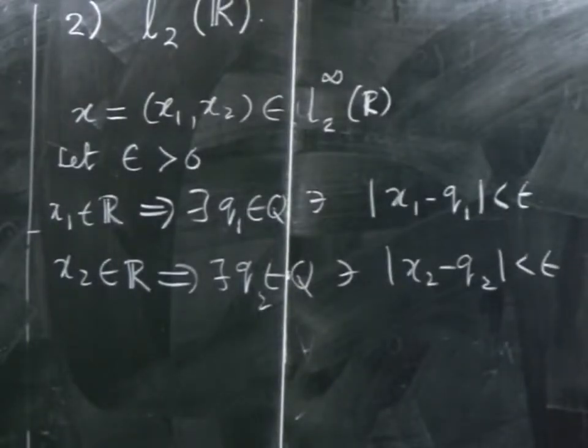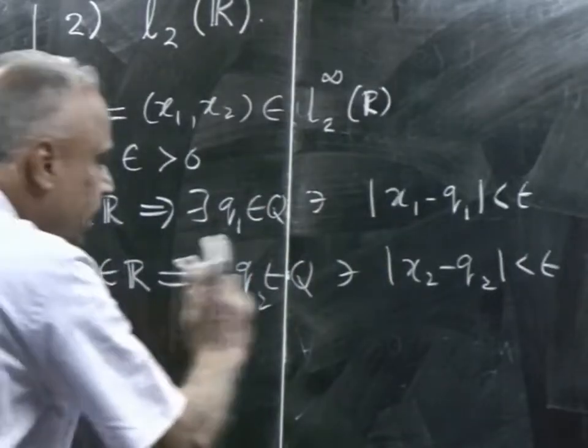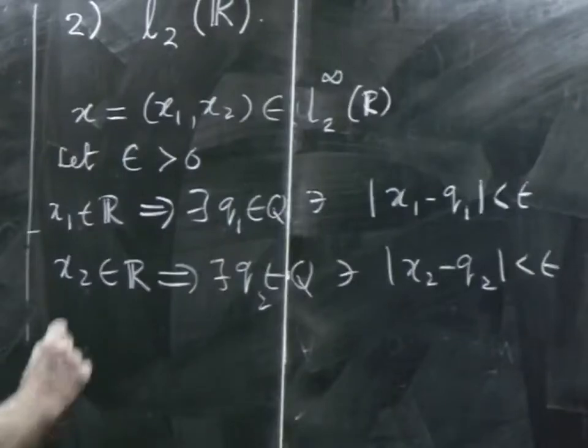Remember, when we were dealing with R2, Rn with various metrics, we talked about convergence. It all boiled down to coordinate-wise convergence. Like that, now we are trying to approximate, and it is going to boil down to coordinate-wise approximating. So the first coordinate can be approximated by a rational number, and the second coordinate can be approximated by a rational number.